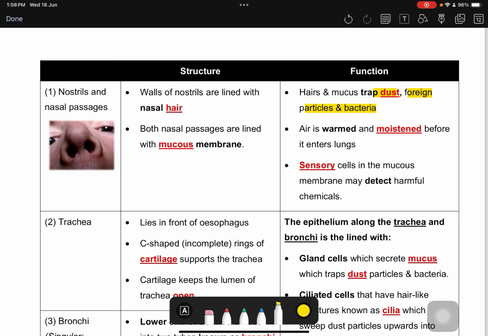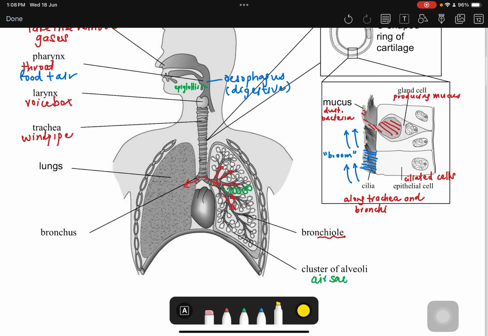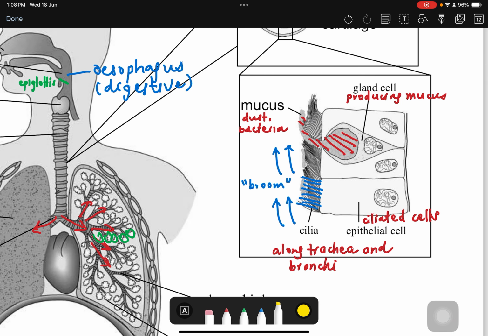But sometimes not all are being trapped and removed, hence it explains why there are gland cells and ciliated cells found along your trachea and bronchi to further trap dust and remove mucus that have trapped all these foreign particles out of your respiratory system.